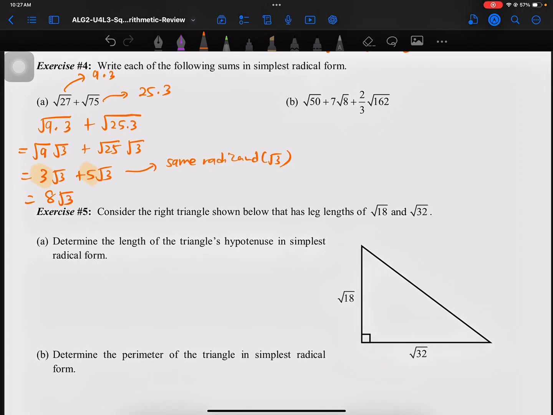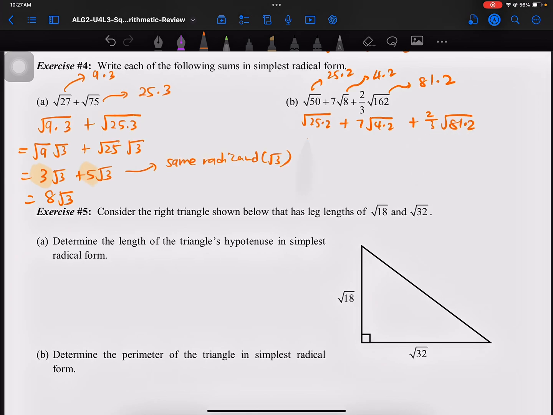Okay, for B, we again factor each radicand. So here is 25 times 3. Here is 4 times 2. And here is 81 times 2. So we simplify each. So √50 is √25 times 2, plus 7√4 times 2, plus 2/3 √81 times 2.